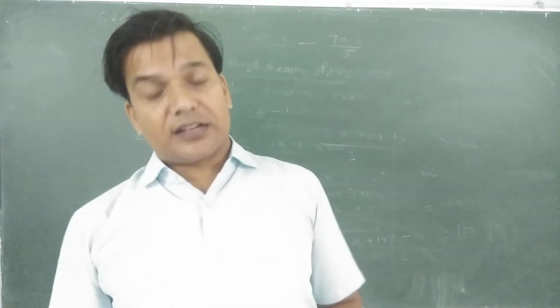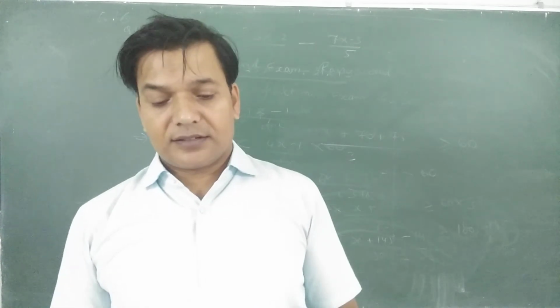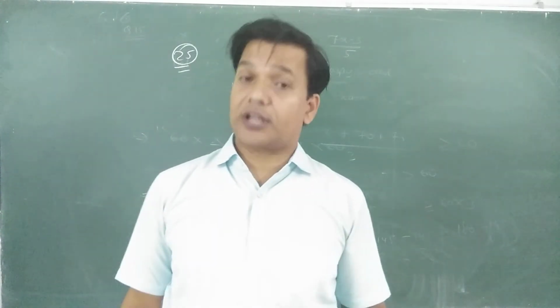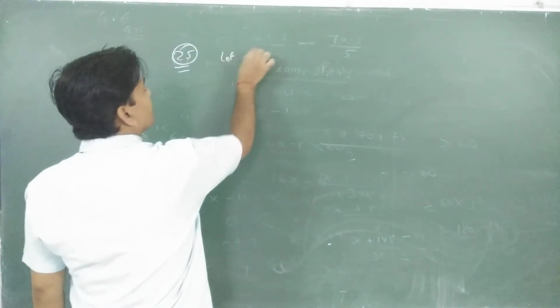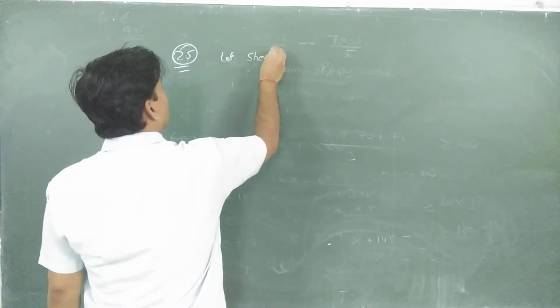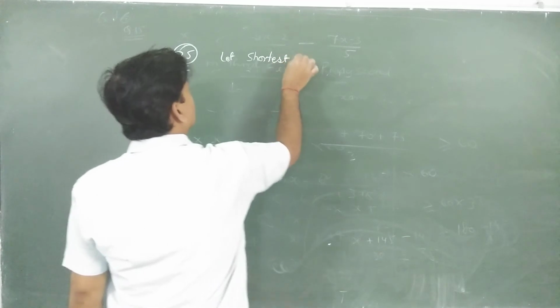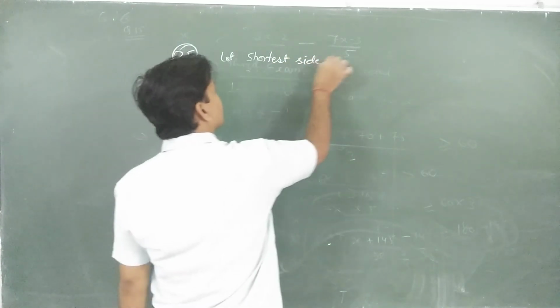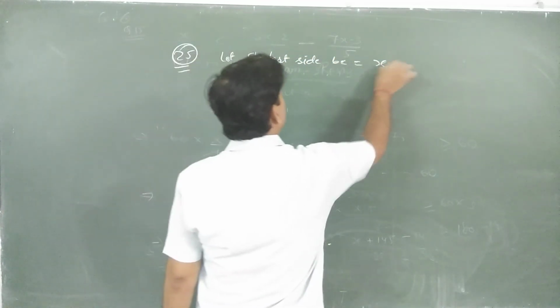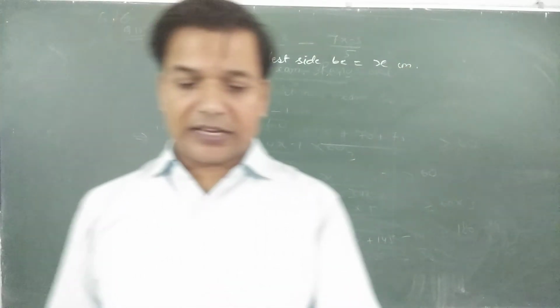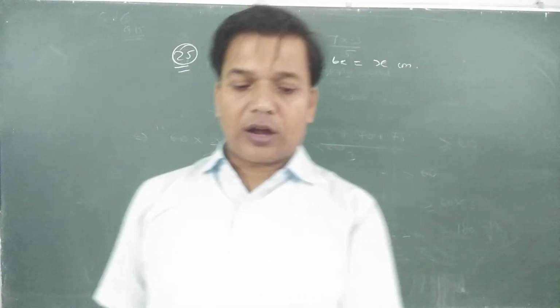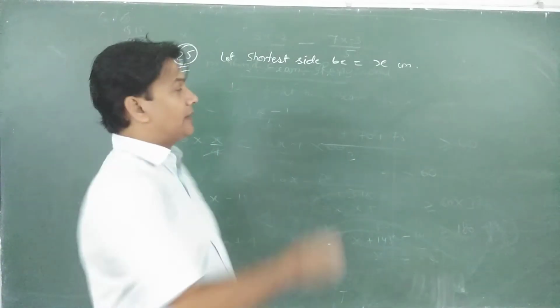For this, in a triangle, the longest side is 3 times the shortest. Let the shortest side be x centimeter.